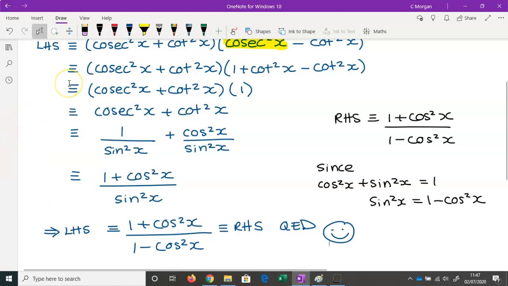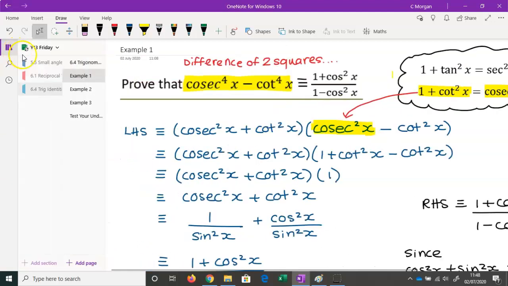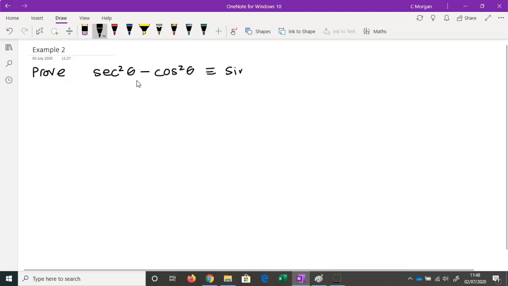Okay, so I think I've got another one for you to have a go at. Let's go to example 2. I didn't write this one down, so I'm going to find out what my example 2 is. So I would like you to prove that sec squared theta minus cos squared theta is the same as sine squared theta multiplied by 1 add sec squared theta.